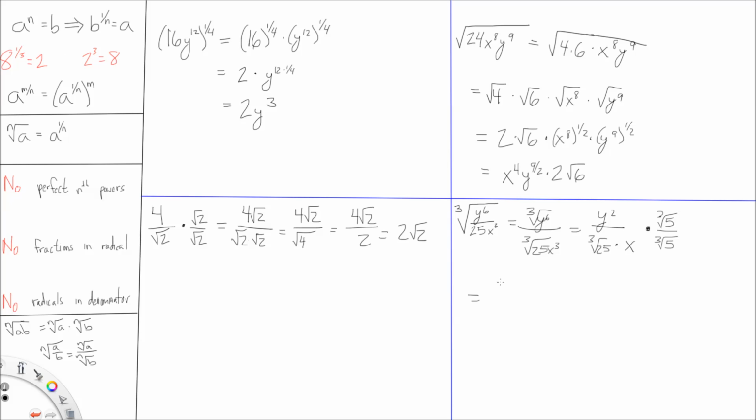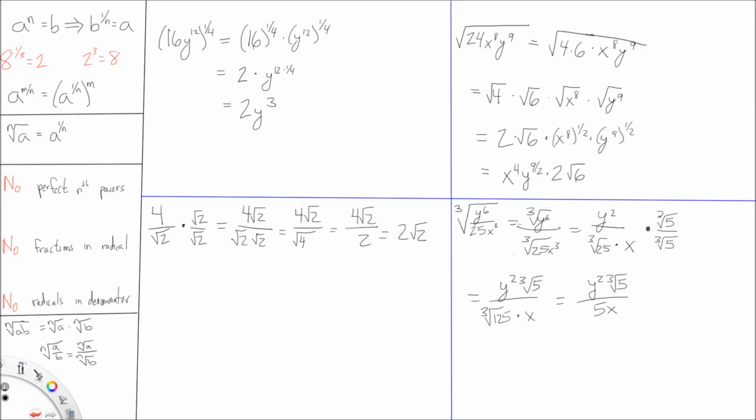So now I have y squared times the cube root of 5 in the numerator. In the denominator, this 5 will multiply by that 5. We'll get the cube root of 125, times x. And again, like I just said, 125 is 5 cubed, so it's going to cancel out with the cube root, and our final answer will be y squared times the cube root of 5 over 5x.